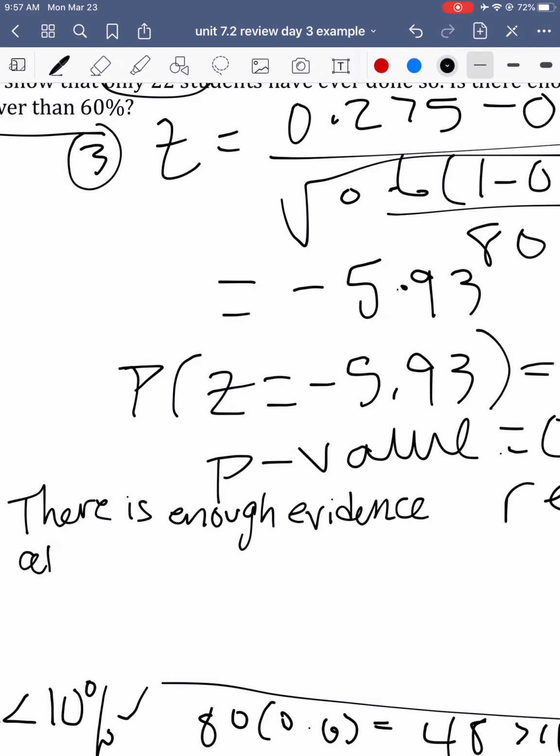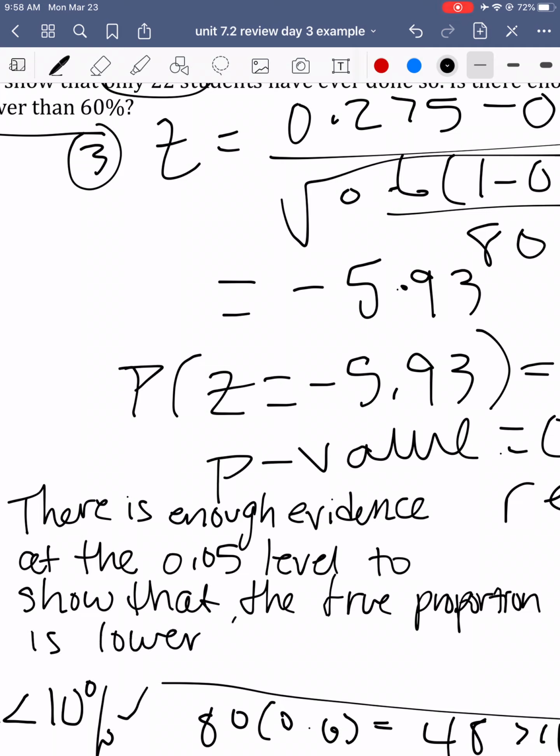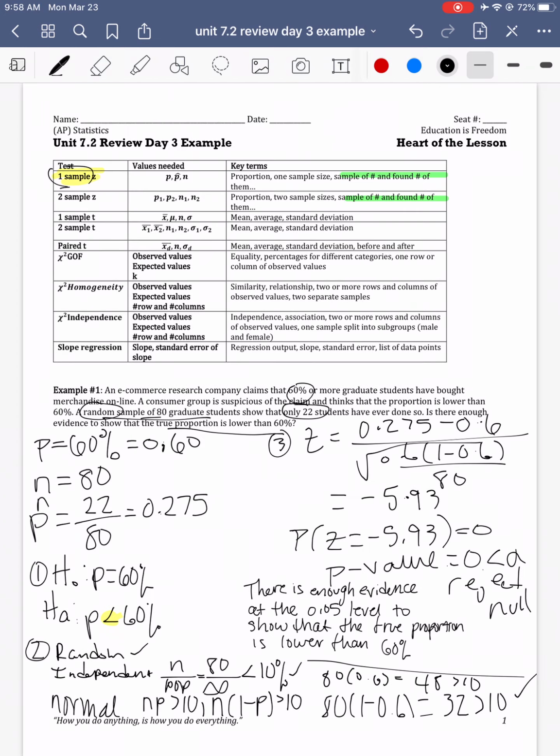There's enough evidence at the, well, an alpha is not given, but we can say 0.05 level to show that the true proportion is lower than 60%. So that was our alternate hypothesis. So that is what we are trying to conclude here. So that is our final conclusion.